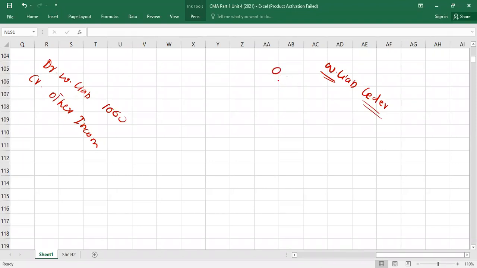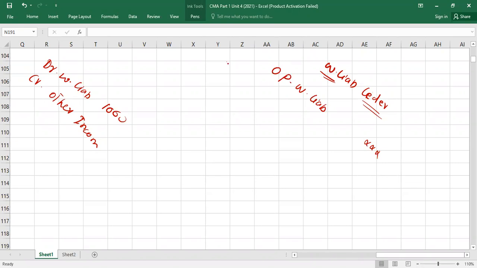You have to write the opening warranty liability balance. Normally we sell products every year, right or wrong? It's a continuation process, so you will always have an opening warranty liability.